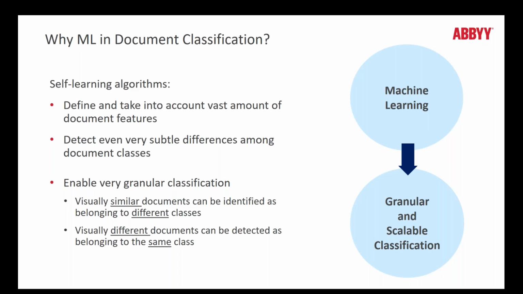And I think this is almost one of the last slides. So why are we using machine learning in document classification, we move to the specific topic of document classification. And the simple answer is on the right-hand side. With machine learning, we are able to provide the users a very granular and scalable classification.